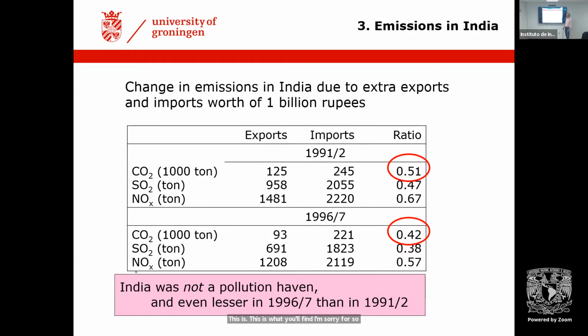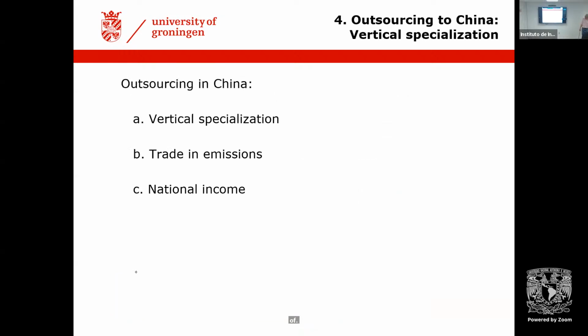The empirical results for pollution havens are very, very mixed. A pollution haven effect can be found, in particular at the level of establishments and certain firms, but not very often at the level of countries. The last three applications are all about China, about outsourcing in China. I'm going to look at vertical specialization and trade in emissions and at national income.